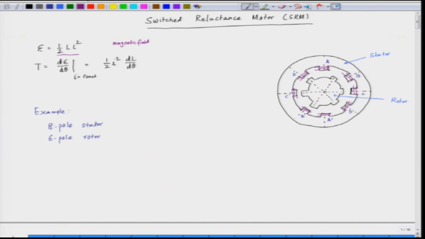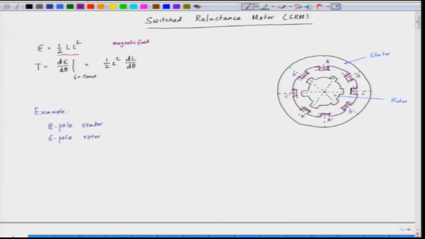So, if the inductance is a function of theta, there is a torque production. It means by relative motion of the stator and the rotor, if the inductance changes, then there is a definite torque production which comes out of the motor. So, T is equal to half i square dL by d theta.